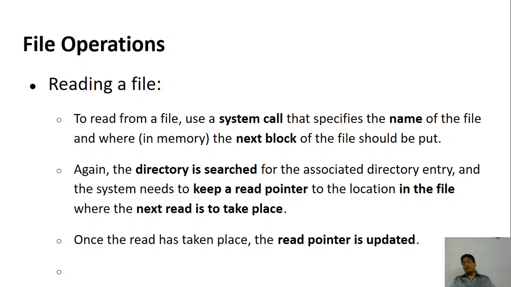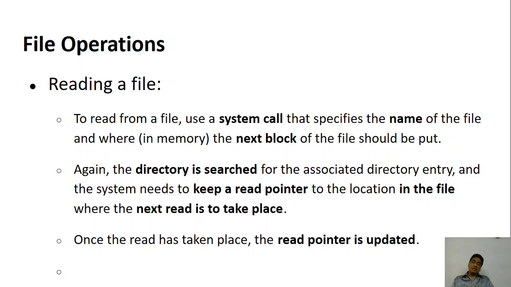Now again, the reading idea is also the same. Whenever we want to read that file, we specify the name of the file as well as which is the next block that has to be read. So from the current pointer, I have to specify how many blocks, or which block, needs to be read.